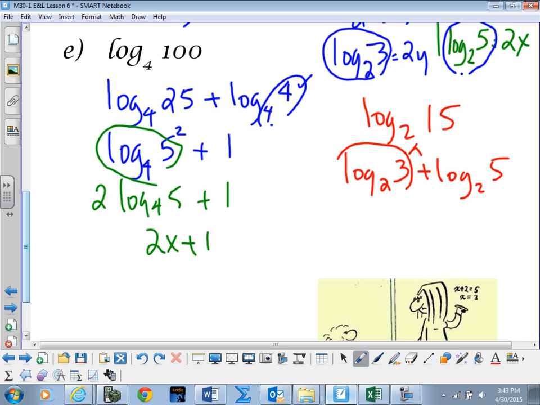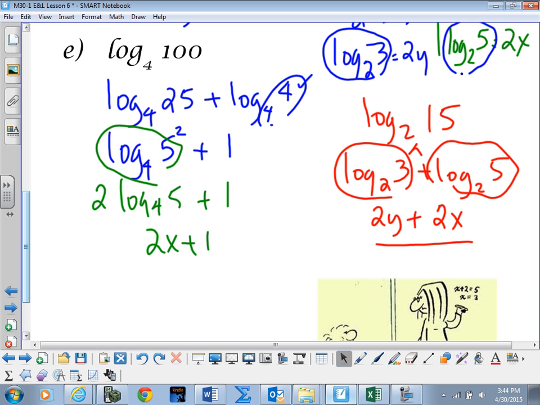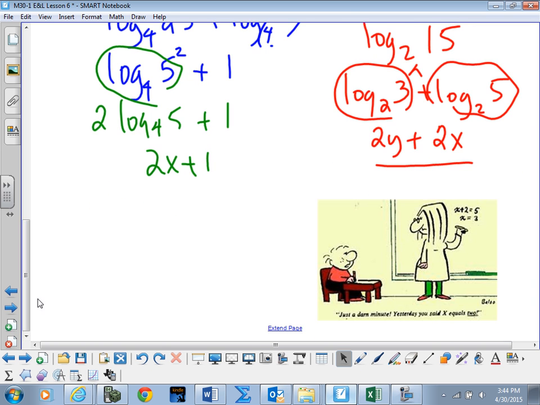Now we can replace this with 2y, this with 2x, and there we go. We have now expressed it in terms of x and y. There are some great homework questions that involve very similar problems.